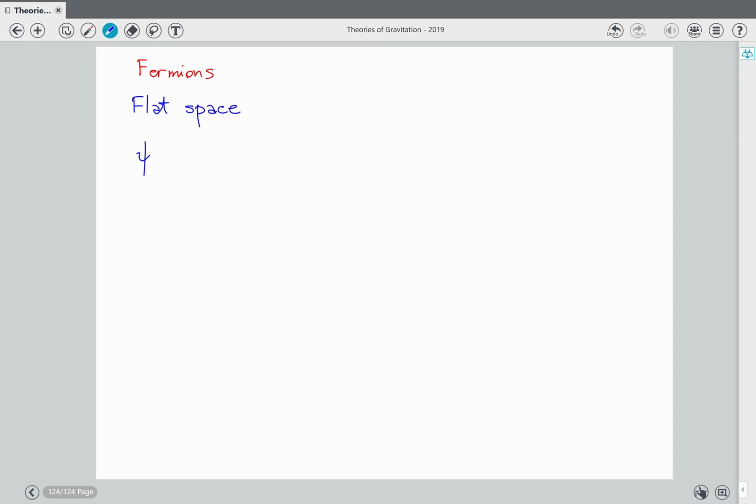So a fermion can be written as a pair of doublets. What do you need to study fermions? Well, Pauli matrices, for example, and Dirac matrices. Let's start from the Pauli ones.